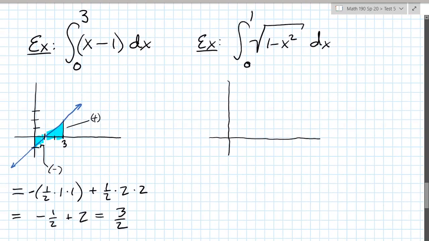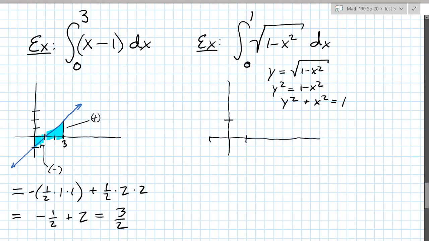This next one, we have y is equal to the square root of 1 minus x squared, and we want to sketch that. Well, if I were to square both sides and get the x and the y on the same side, we recognize this as the equation of a circle.